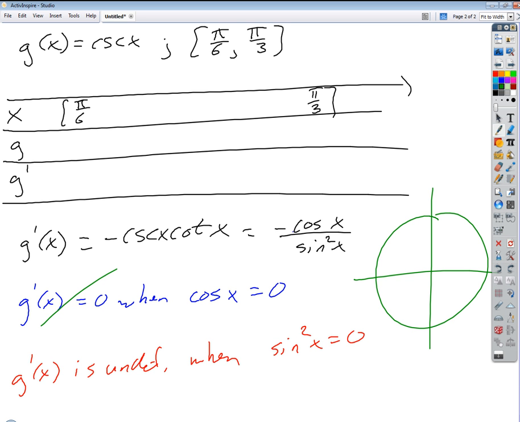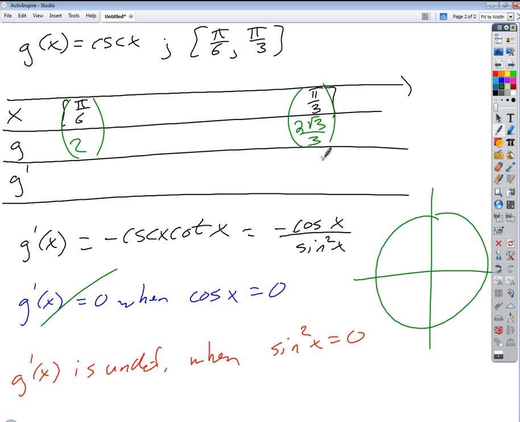So the cosecant is the reciprocal, which is 2. So there's one point. What about at pi over 3? The sine of pi over 3 is square root of 3 over 2, so the reciprocal is 2 over the square root of 3, or 2 square root of 3 over 3 if we rationalize. Which is bigger?